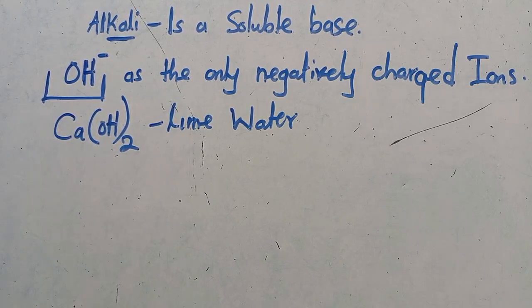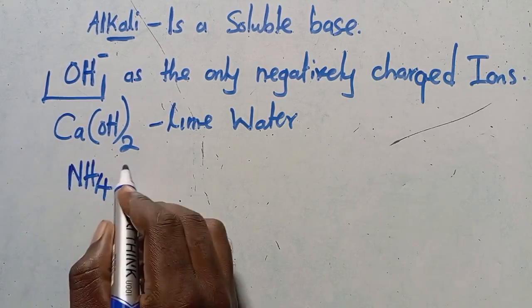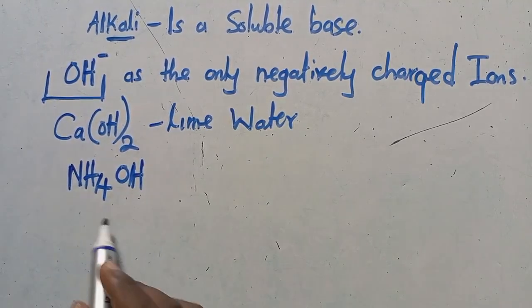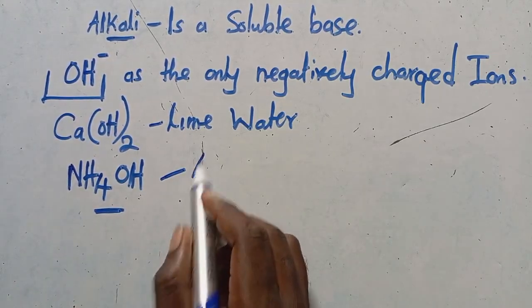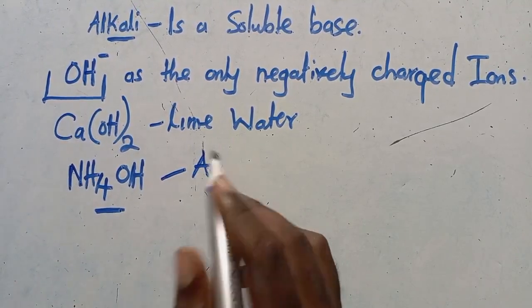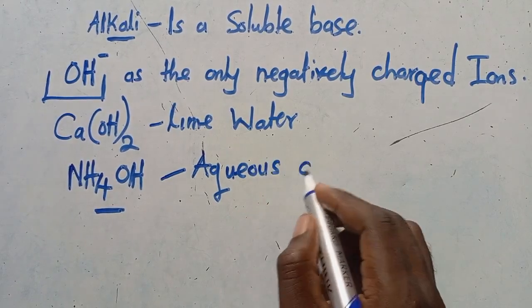Another example is ammonium hydroxide. It is written like this: ammonium hydroxide. So ammonium hydroxide is an example of an alkali which is a soluble base. A special name given to this is aqueous ammonia.